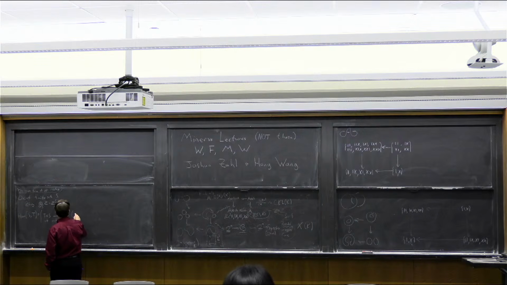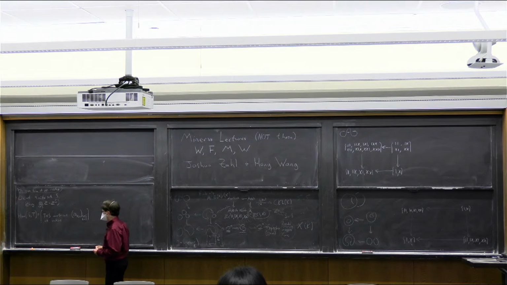So maybe I'll call my matrix A_TS, where S is in S and T is in T. And you know, the m by n by m thing with matrices is always confusing.